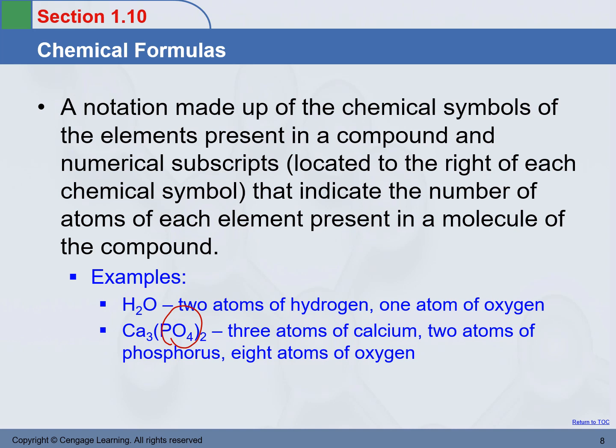In each small PO4 unit, you have 4 oxygen. You have 2 of those units, so 2 times 4, 8 oxygens. In each small unit, there's only 1 phosphorus, and you have 2 of those units, so you have 2 phosphorus atoms.